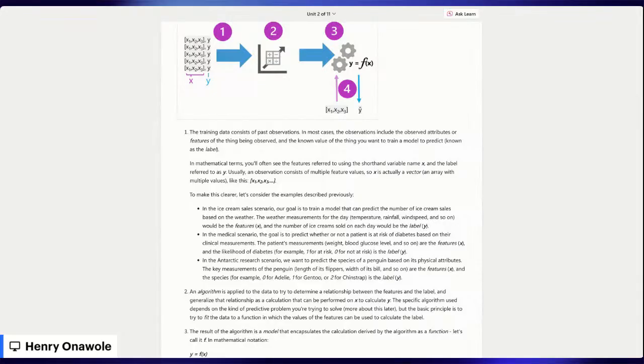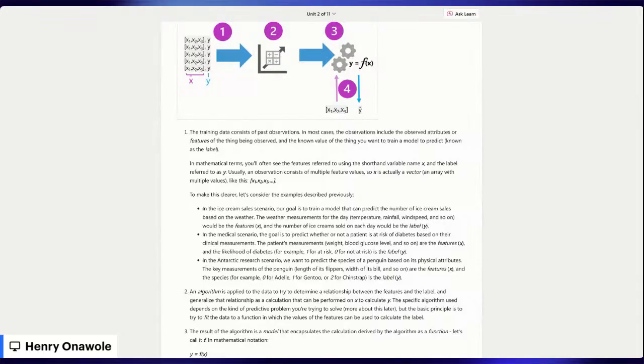In mathematical terms, you often see the feature referred to using the shorthand variable named X and the label referred to as Y. Usually, an observation consists of multiple features value, so X is actually a vector, an array with multiple value like this, like x1, x2, x3.